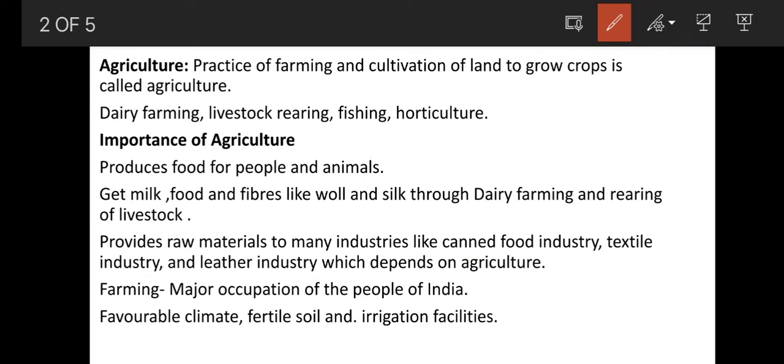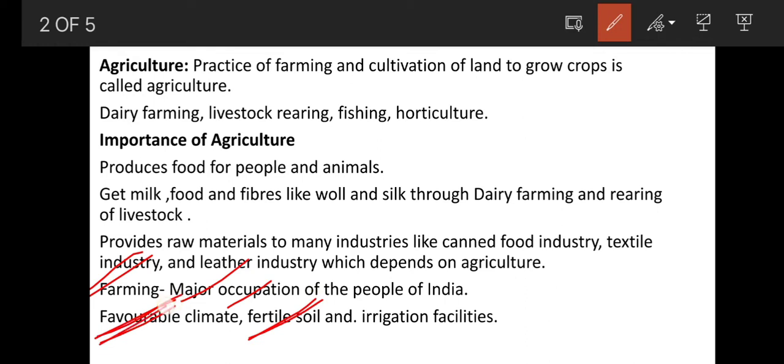And the major occupation of the people of India is farming. Why is farming very important for us? Because it produces food for people and animals, and it is the main occupation for the people of India, as in our country we have a favorable climate and fertile soil.